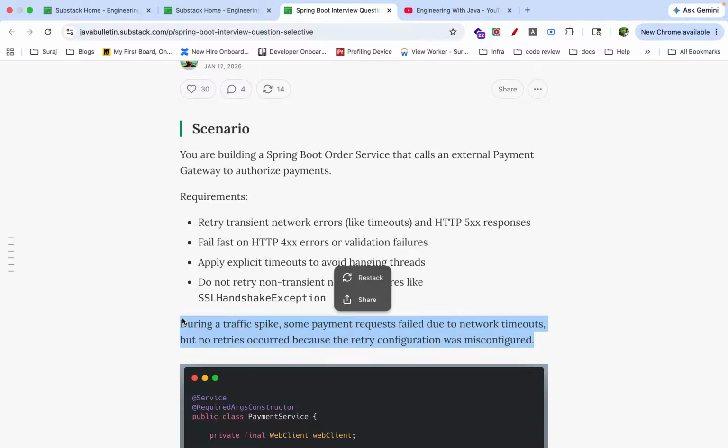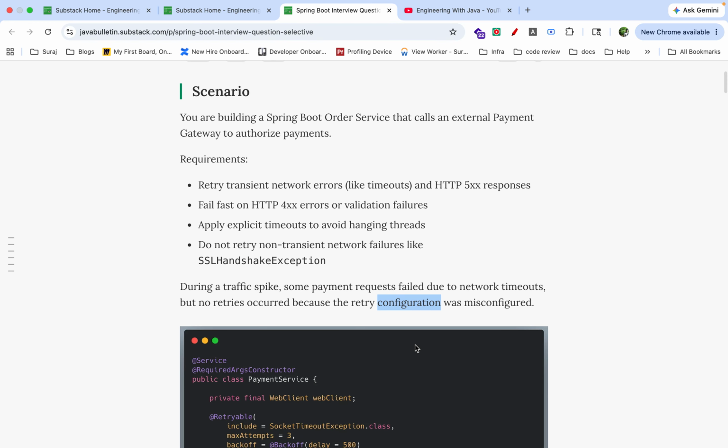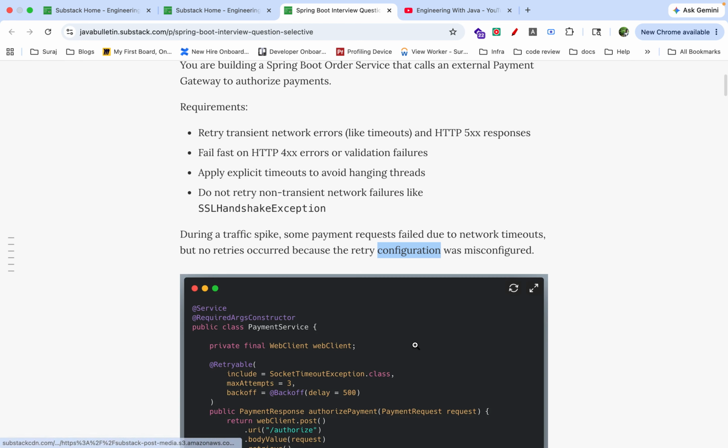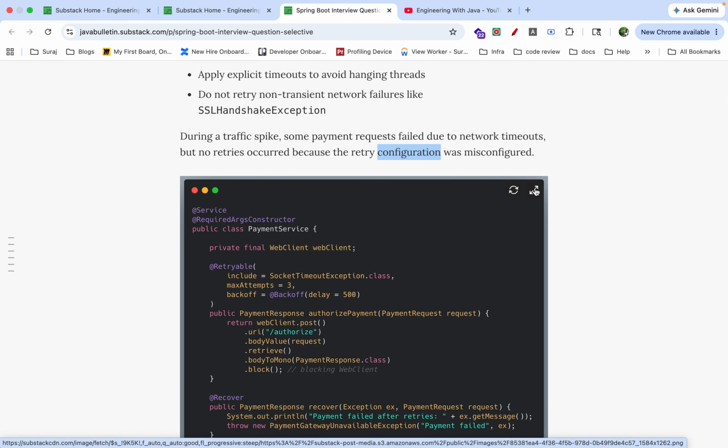As we spoke about, when there's a network error, we should be able to retry it and eventually it succeeds if it's a transient error. But they're saying that even though retries were configured, it was not able to retry, and that the configuration was misconfigured. So most likely our task is to find out what is wrong with this configuration.